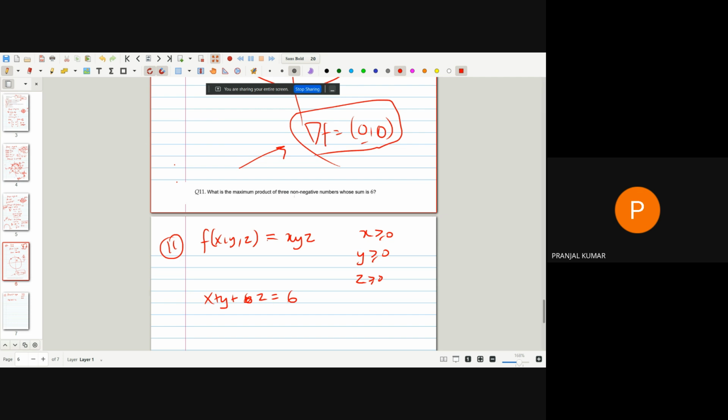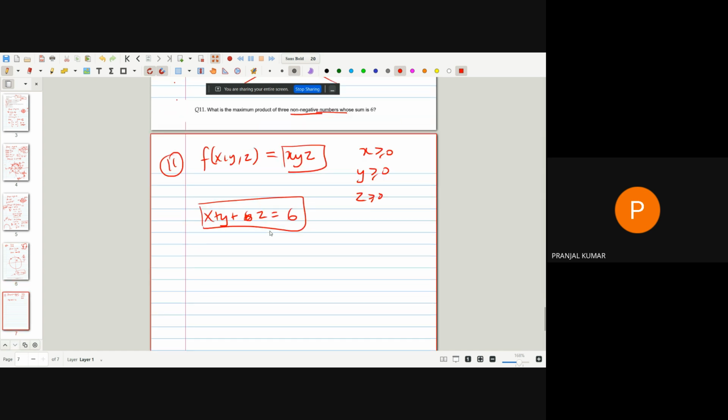This term non-negative is important. You took three numbers x, y, z, and framed the product as a function. So x is greater than 0, y is greater than 0, z is greater than 0, non-negative numbers whose sum is 6. This is another condition.